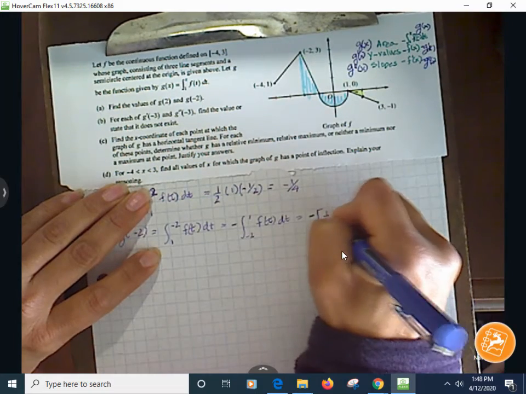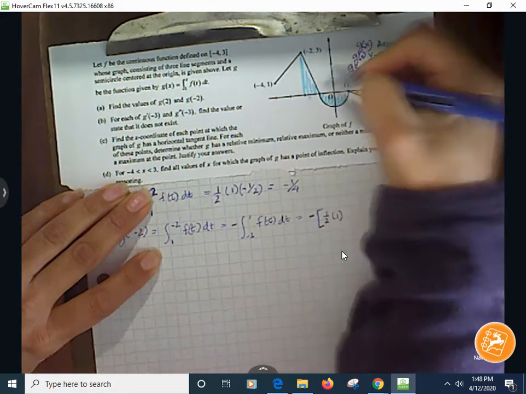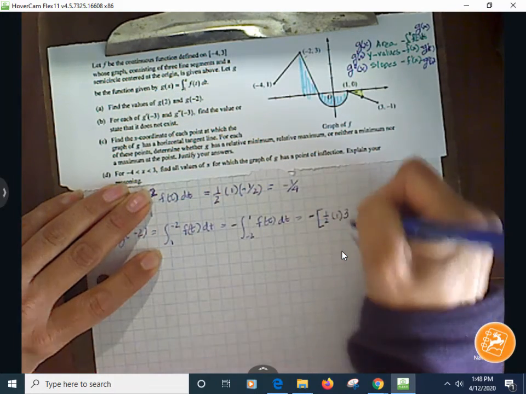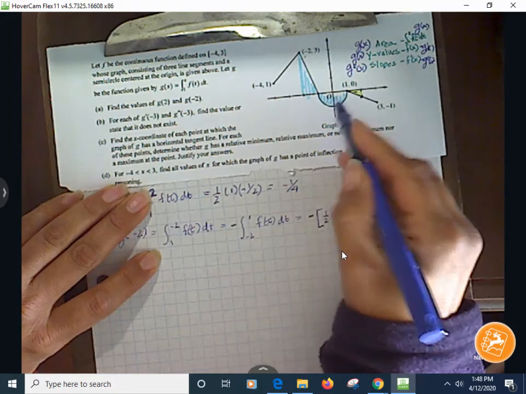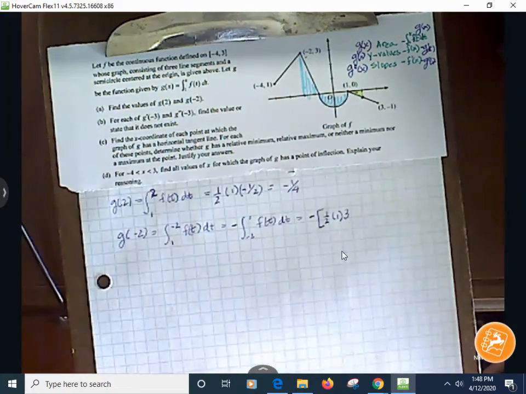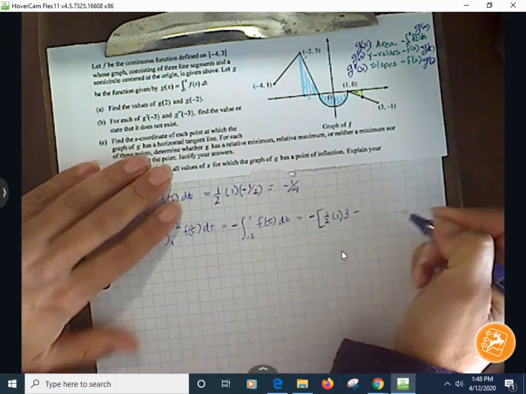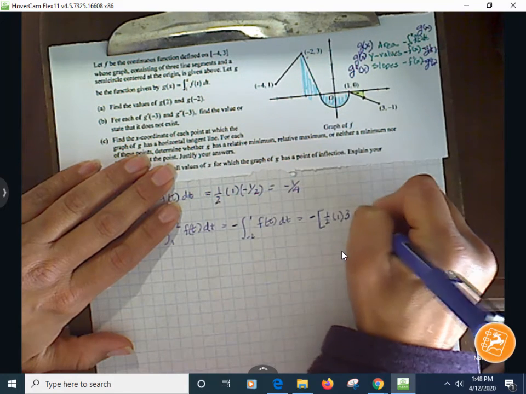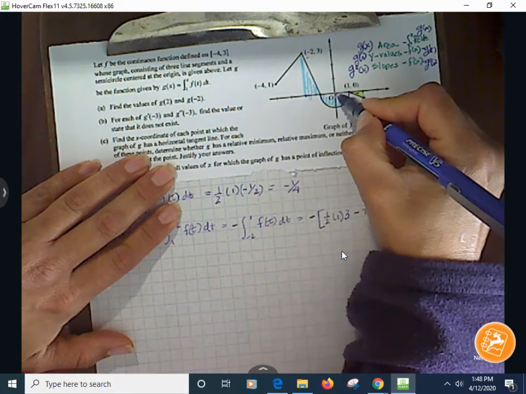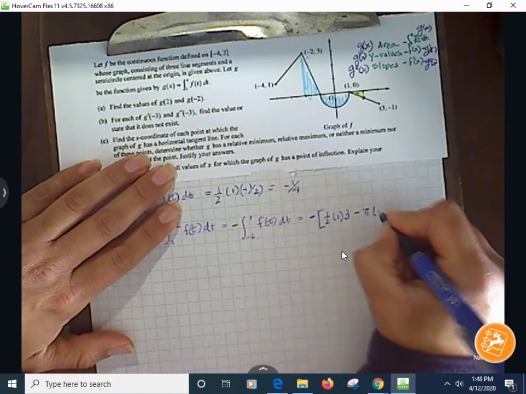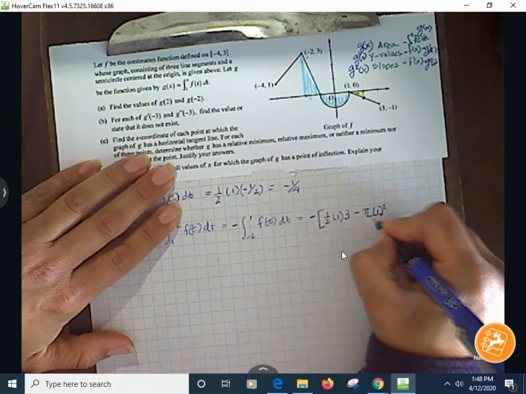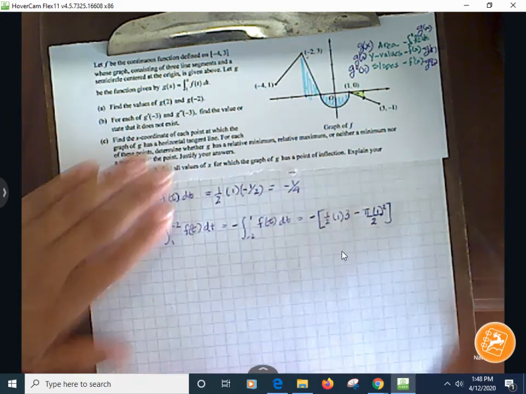It's going to be 1/2, the base is 1, and the height is 3. That's the area of my triangle. And then this is a semicircle, but it's below the x-axis. So instead of adding the semicircle area, I'm going to subtract the semicircle area. And it's going to be pi. What is the radius? The radius is 1. 1 squared divided by 2 because it's a semicircle, if you remember.